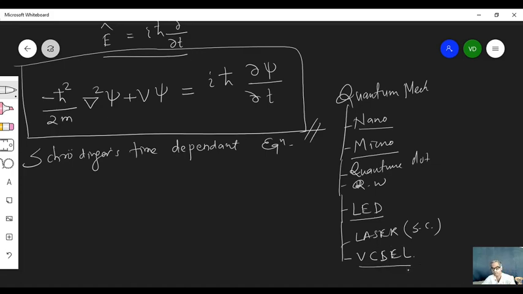All these phenomena are useful on the nano level, and therefore we have to use the quantum mechanical conditions, and we have to use the Schrodinger's time independent or time dependent equation depending upon the situation. I hope you have understood this, and there could be a long answer question or some objective questions depending upon the exam pattern.